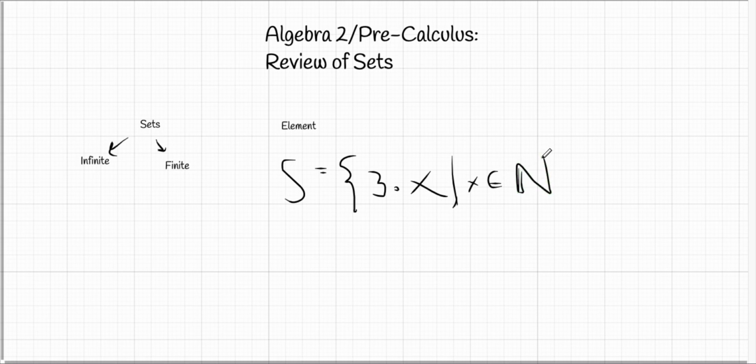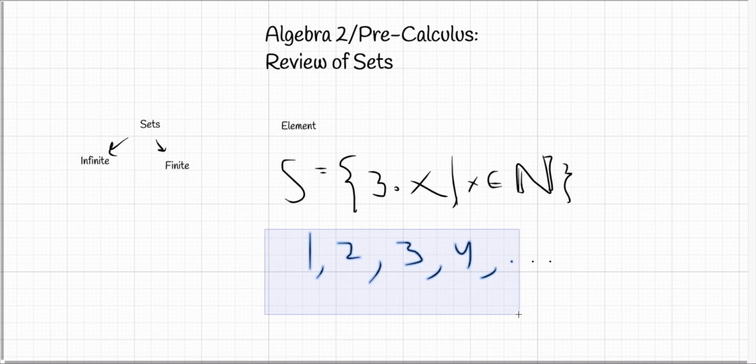For those of you who don't know what natural numbers are, we're going to cover natural numbers in our real numbers video, but for a brief overview, it's basically just the numbers 1 to infinity: 1, 2, 3, 4, all the way to infinity. Those are the natural numbers. So if we want x in natural numbers, that means every one of these numbers can be x at some point.